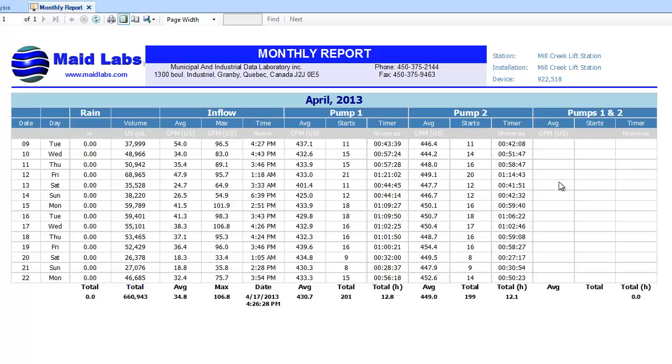And then if you had combinations of pump, where you had pump 1 and 2 on, all that information would be there as well in the monthly report. Again, this report can be printed directly or put into an Excel, PDF, or Word format.